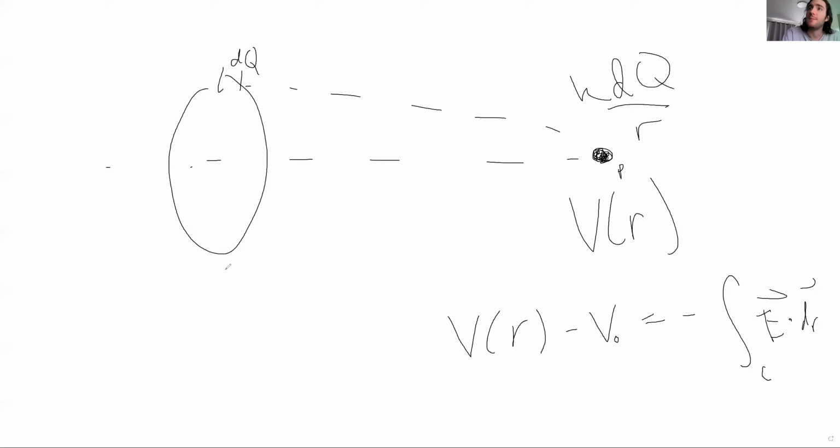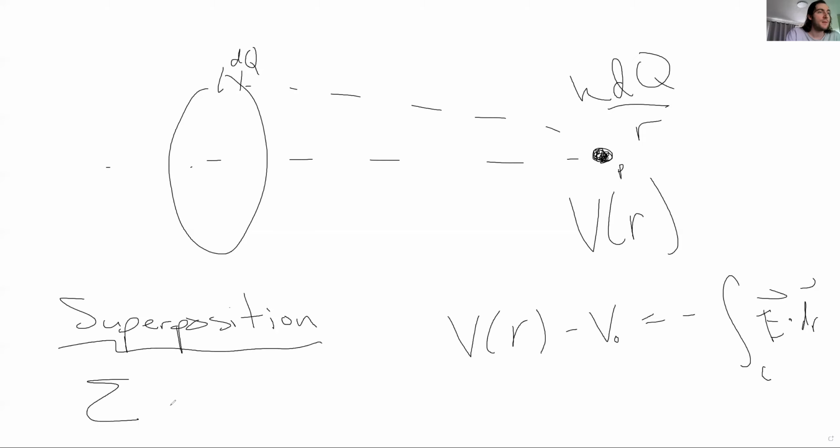I already did mention in one of the previous lectures that the principle of superposition applies for potential difference. So we do have superposition here, except the difference now is that this guy's not a vector. So you just add these guys up as scalars.